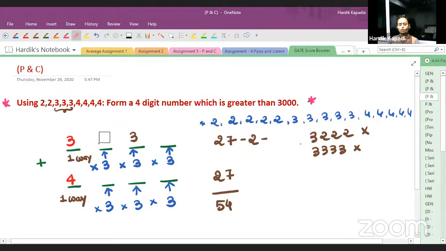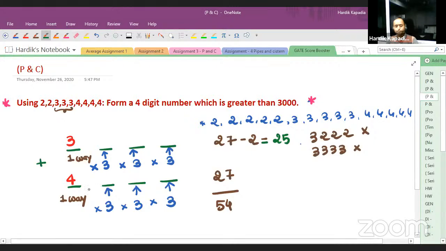If I go for 4 4 4, yes, I can use it, I have four 4s. So only two numbers are subtracted, and there are total 25 ways when we are using 3 over here.